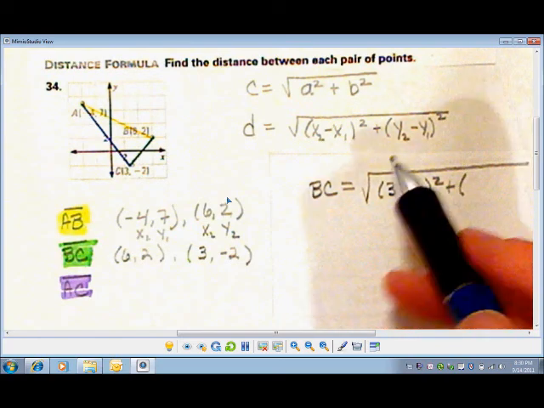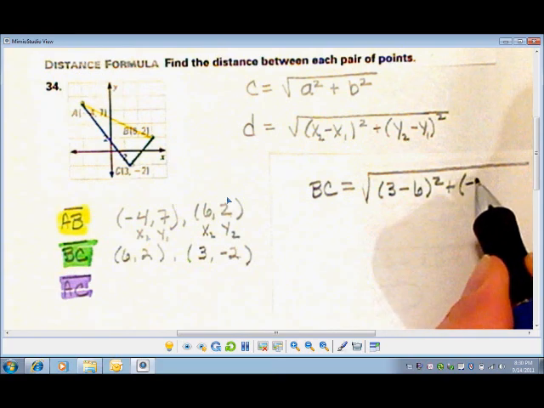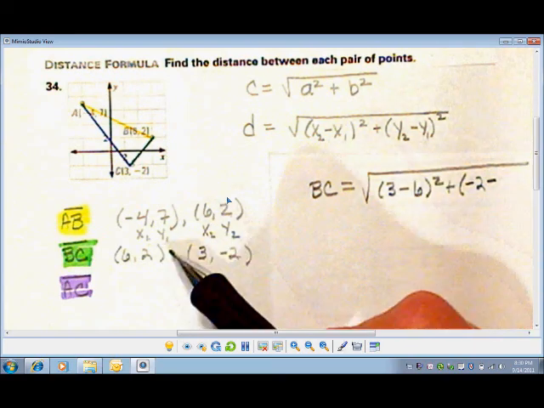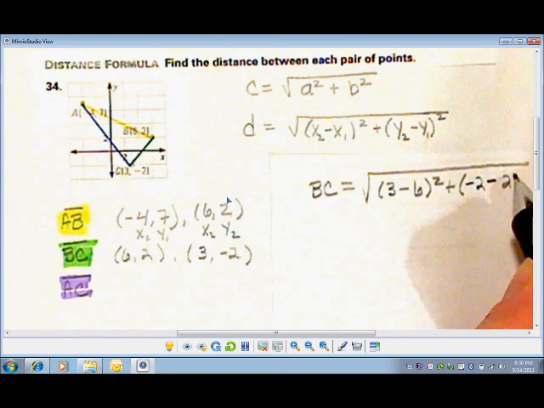Plus y sub 2. Well, y sub 2 is negative 2, minus y sub 1. Y sub 1 is 2. And that's all squared.